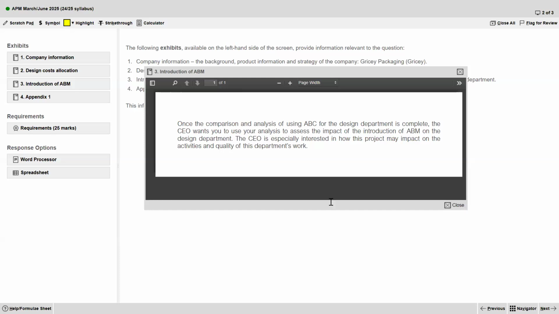Once the comparison and analysis of using ABC for the design department is complete, the CEO wants you to use your analysis to assess the impact of the introduction of ABM on the design department. The CEO is especially interested in how this project may impact on the activities and quality of this department's work.